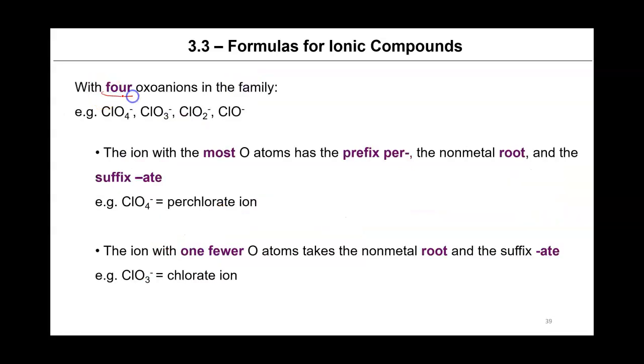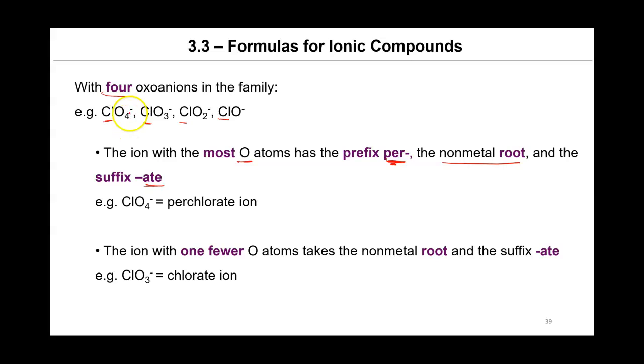When there are 4 oxoanions in the family, such as is formed by chlorine, then our naming scheme becomes a little bit more complicated because we have to have 4 rules. The ion with the most oxygen atoms begins with "per", then we give the nonmetal's root, the first syllable of the atom's name, and we end it with "ate".